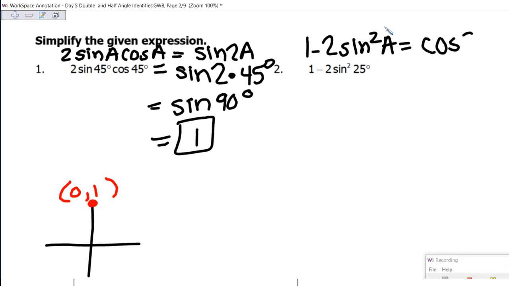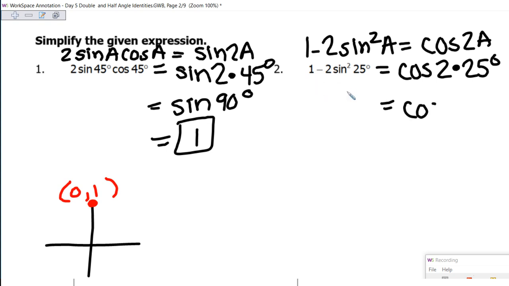That's the formula they're using here. So when I write my answer it needs to be cosine of 2 times, what value are they using for A? 25 degrees. Simplify that, 2 times 25 degrees, 50 degrees. Now, is 50 degrees a value we memorized on the unit circle? No, so we'll just leave it as cosine of 50 degrees.